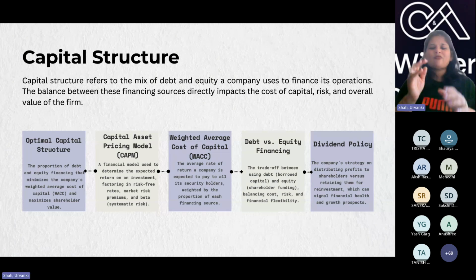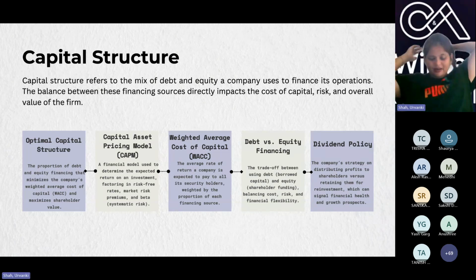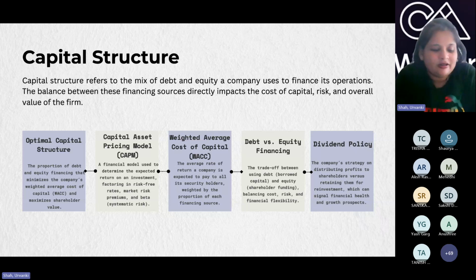Then there are certain models that have been defined. There are risks associated with any capital structure or any of the instruments that you define. That risk comes with certain premium or certain returns as well. That's where we say higher the risk, higher the return.